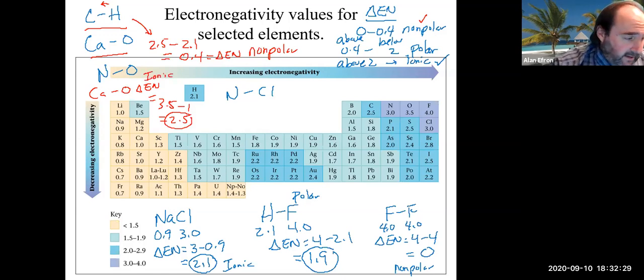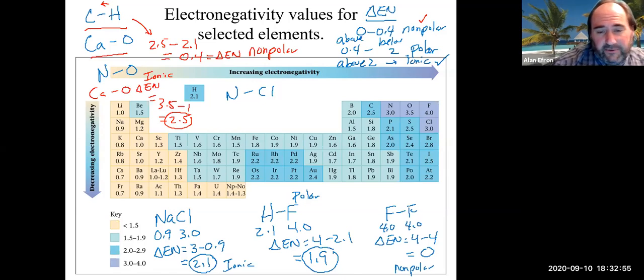Now, the cutoff of 2 is a relative cutoff. It doesn't work 100% of the time. You will have a metal and a non-metal where, if you subtract the electronegativities, it may not be greater than 2. But it is still considered an ionic bond when you get a metal and a non-metal together, so you don't usually have to worry too much about it.